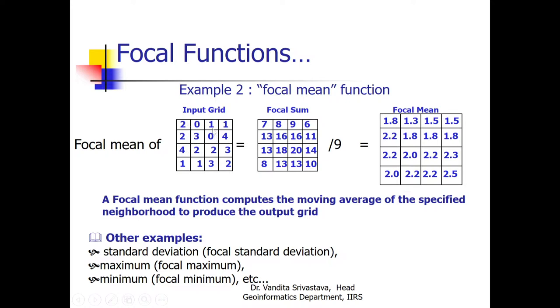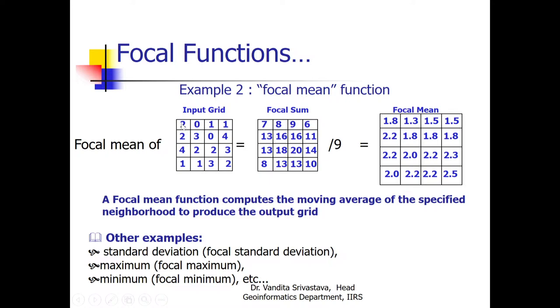The 9 is the number of pixels in each focal neighborhood, that's why you are dividing by the value 9. Please note that at the edges this foci of points reduces to 2 by 2. You also have other alternatives of adding some artificial values at the boundaries, or you can simply reduce the size of the neighborhood to 2 by 2.